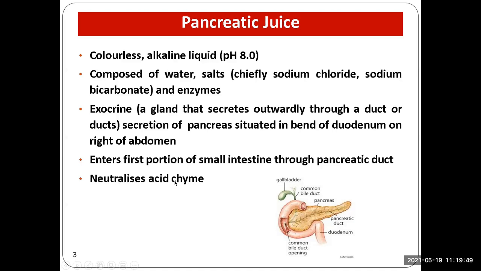So it's essential to neutralize it with sodium chloride and sodium bicarbonate, so that the enzymes contributed by the liver, the pancreas, and the intestine may work well for the digestion of protein, fat, and carbohydrates.